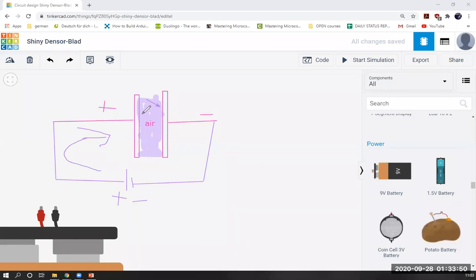Will current flow or not? It will need some amount of voltage. Normally it will need 30 kilovolt per meter actually. If you have 1 meter of distance, not meter, it is millimeter.